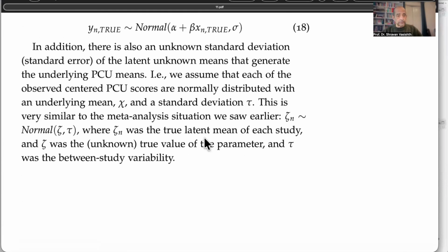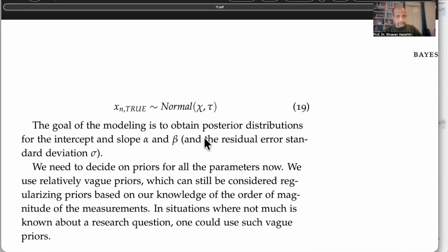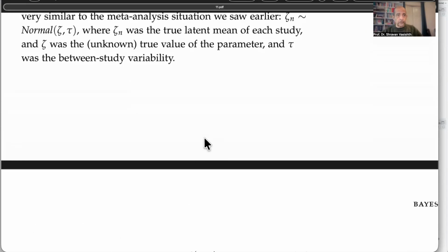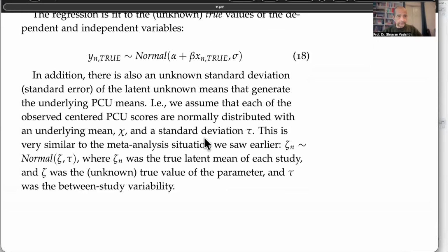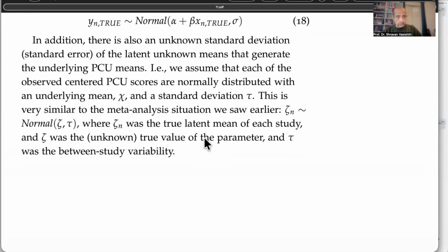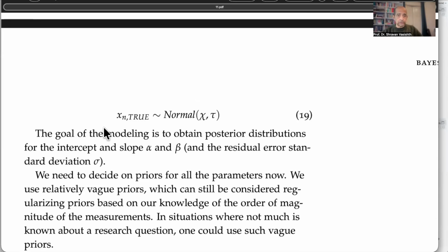All right, so for the PCU scores, we're going to assume that there is some true unknown PCU score for the population, and the individual subjects' true unknown PCU scores have some between subject variability.